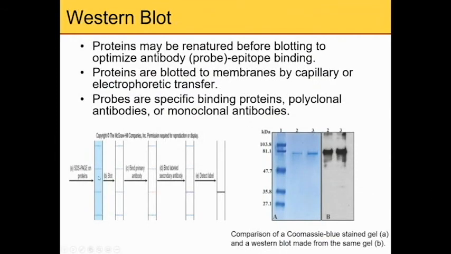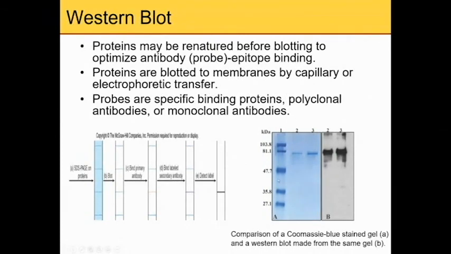After the SDS-PAGE gel, you transfer the protein to the membrane, then the primary antibody will bind and recognize your target protein, and then you have the labeled secondary antibody, because the secondary antibody will help you visualize the location of the protein, and then you detect the label.